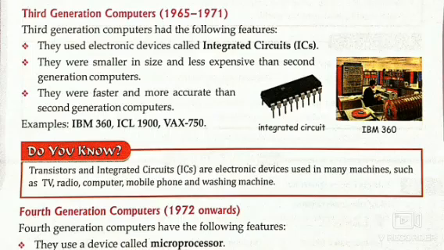Second, they were smaller in size and less expensive than second generation computers. And third, they were faster and more accurate than second generation computers. For example, IBM 360, ICL 1900, VAX 750.